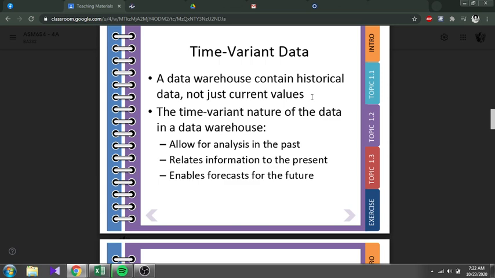Macam tu lah. And the time variant nature of the data in a data warehouse allows for analysis of the past. Okay, as I said, you can refer to the historical data, relate the information to the present. Okay, tengok trend terkini ke, on the situation. Okay, maybe you want to see how we tackled the problem that happened in the past, and enable forecasting for the future.